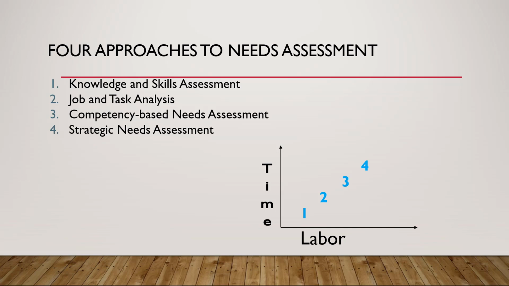The third one is the competency-based needs assessment. And so at this point, we start talking about a combination of the two. When a person has the knowledge and the skills to perform a job or a task, at that point we figure out at what level of proficiency they are doing it, and that's where competency comes in. Let's switch to soccer, and I'll have another analogy for that.